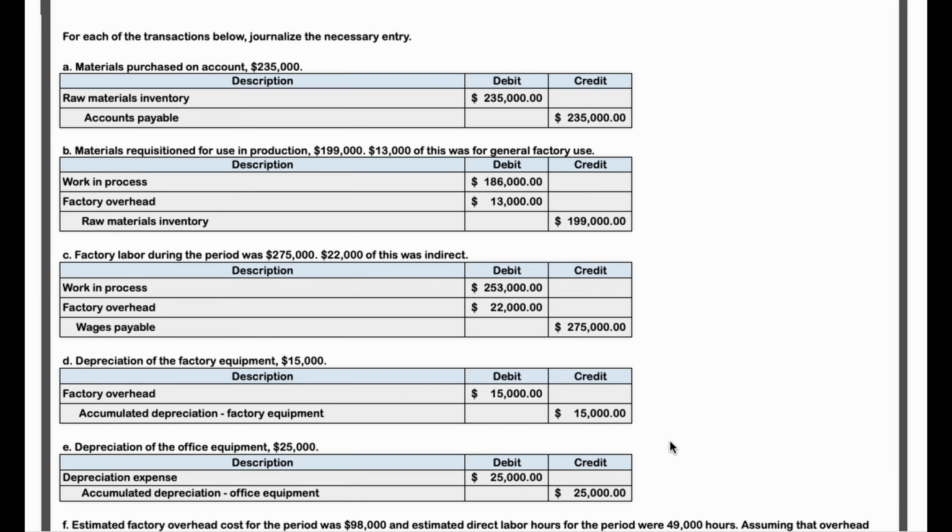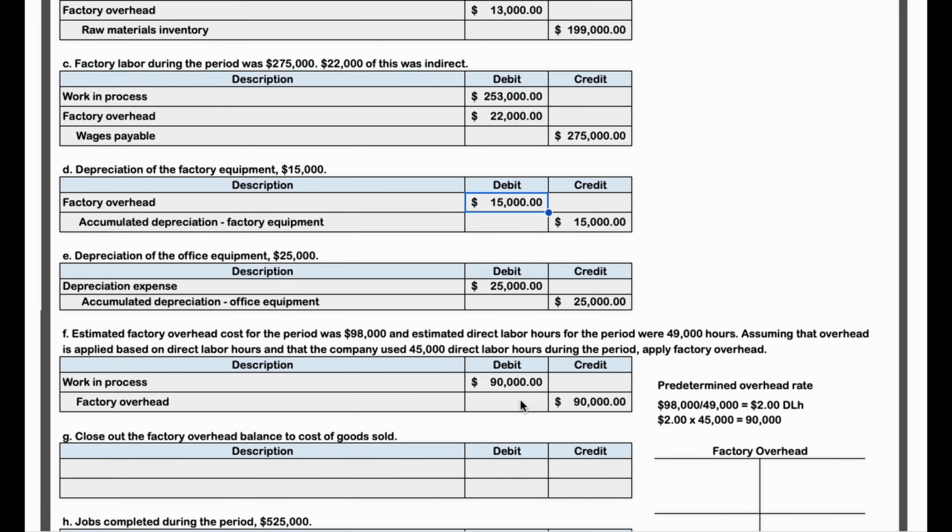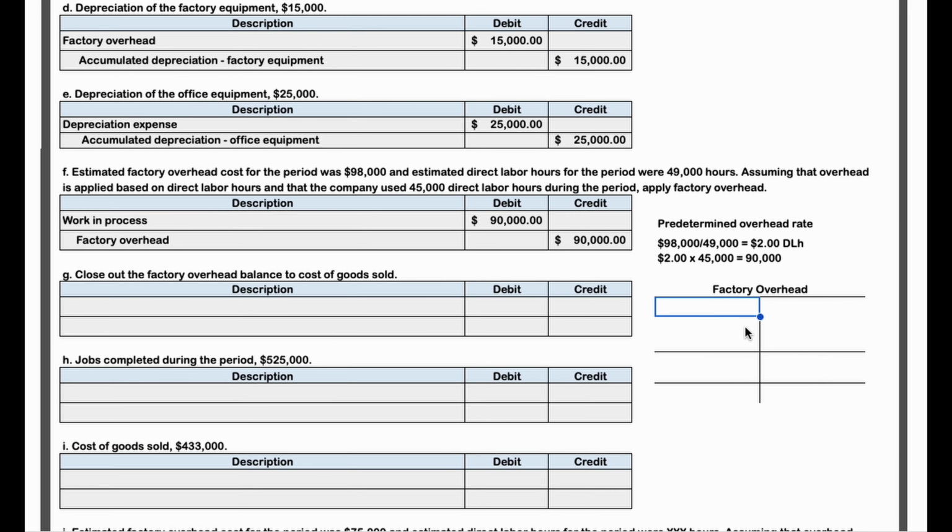Each time that we debited factory overhead for things like materials, labor, and depreciation, we're going to recognize that in the T account. In which case we had $13,000 for materials, we had $22,000 for labor, and we had $15,000 for depreciation. All of those went in as debits.